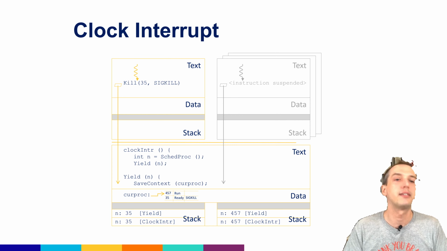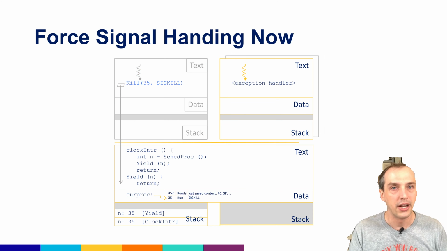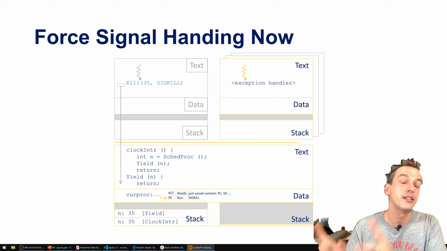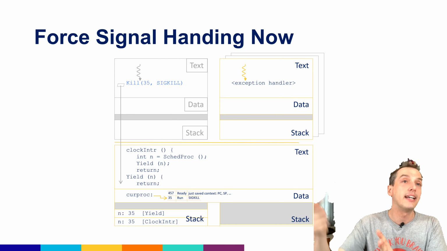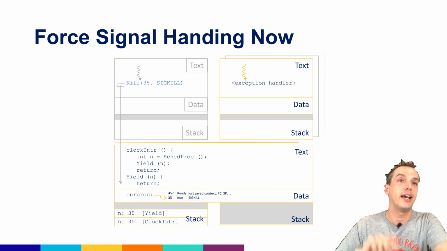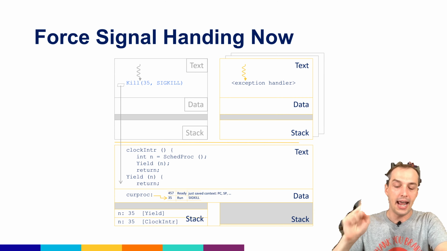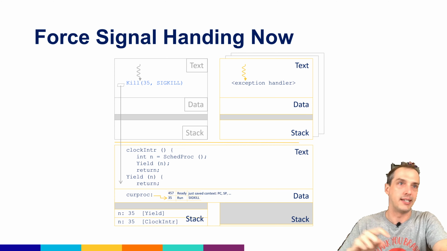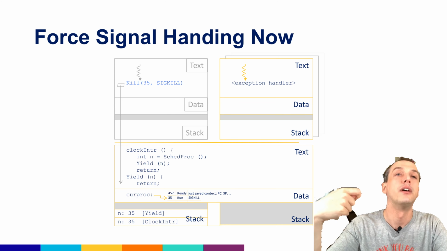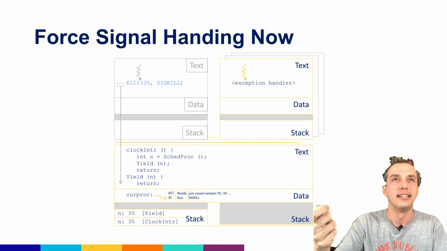I'm going to decide, let's run process 35 next. And so I'm going to go over into the context of process 35. When I get over into the context of process 35, the last thing I do is I set a timer. I say, hey, CPU, if I haven't woken up in the next 100 milliseconds, wake me up. Or 10 milliseconds, or however much it's supposed to be based on its scheduling algorithm. And then it gives control back to whatever the next instruction is.